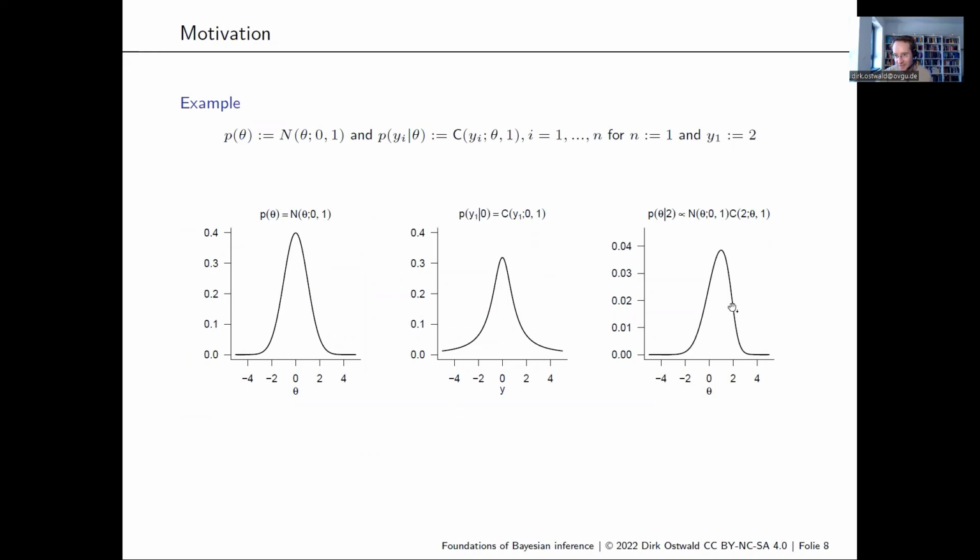I'm just normalizing this part of the posterior to have a probability density function on this part of the parameter space. I know it's not perfect. I was a little bit unhappy that using Cauchy distributions is just a bad idea.